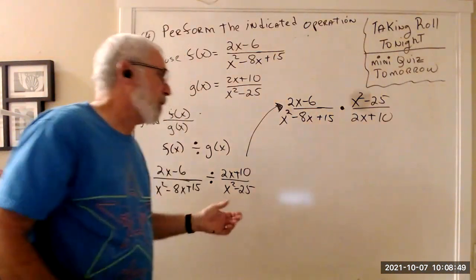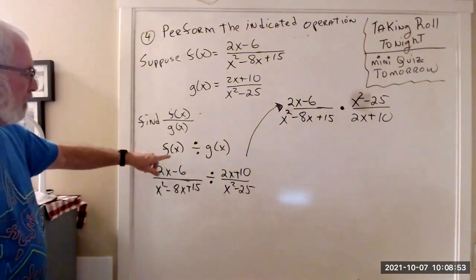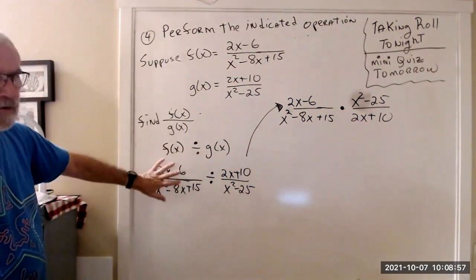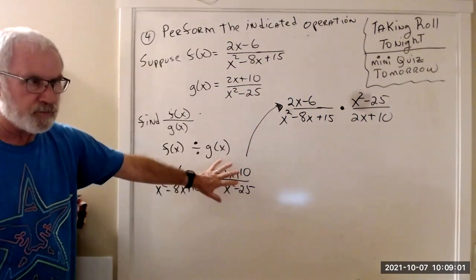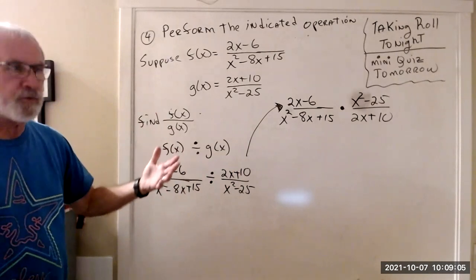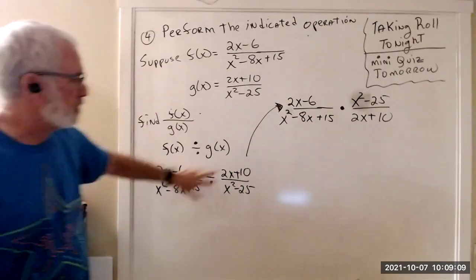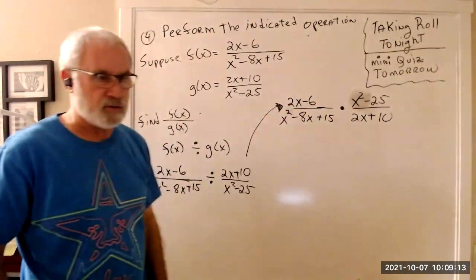While the recording was turned off, I took the opportunity, instead of saying f of x divided by g of x, to write down what f of x actually was, divided by g of x. And then we learned that in fractions, we've known this for years, to divide fractions you change the division symbol into multiplication, and you flip over the second fraction.